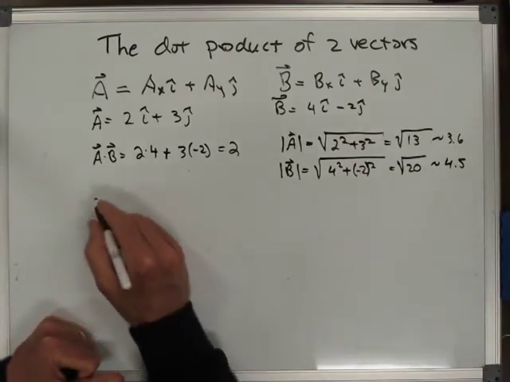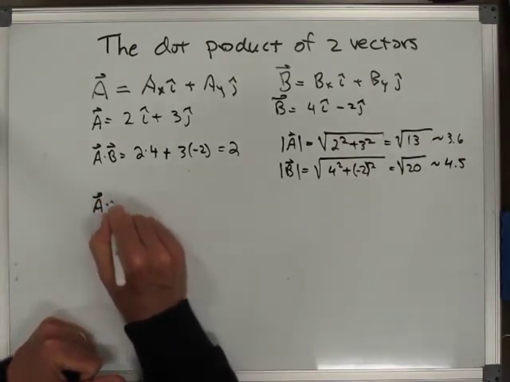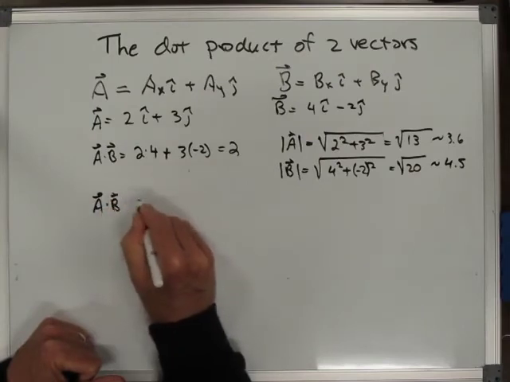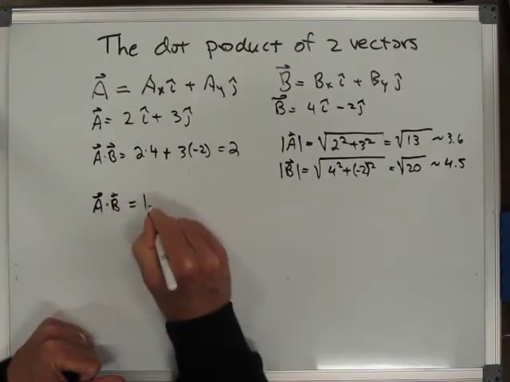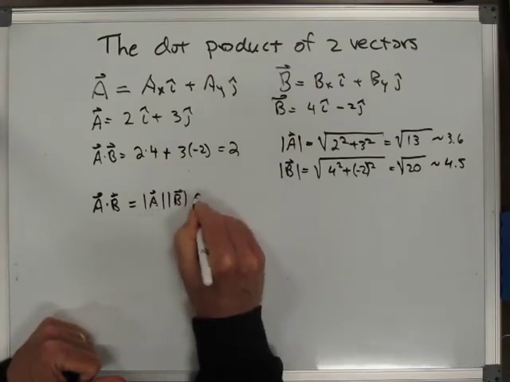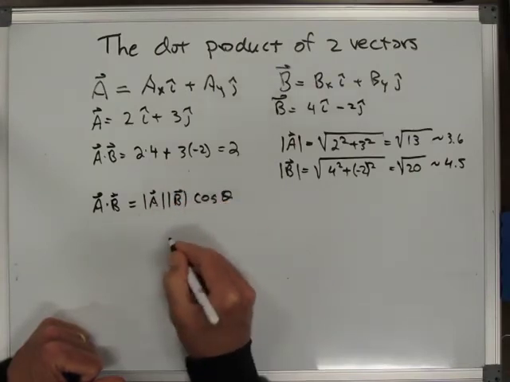And so I can say, look, A dot B is equal to the magnitude of A times the magnitude of B times the cosine of the angle between them, right?